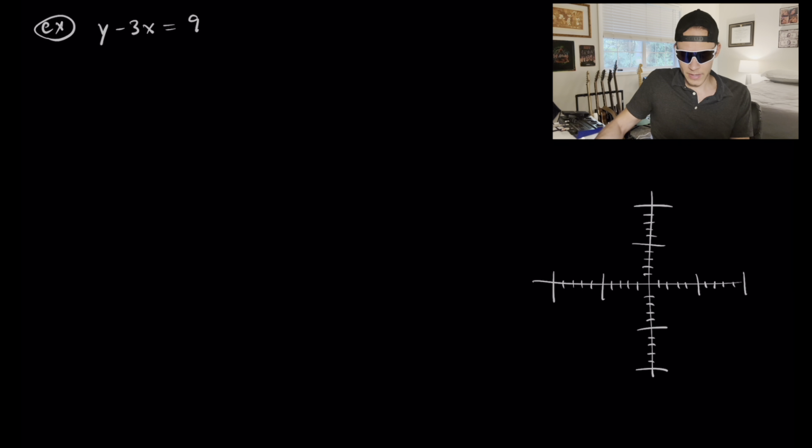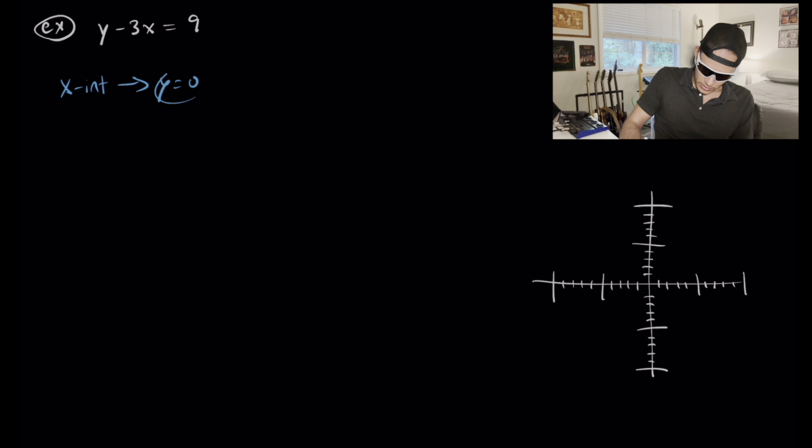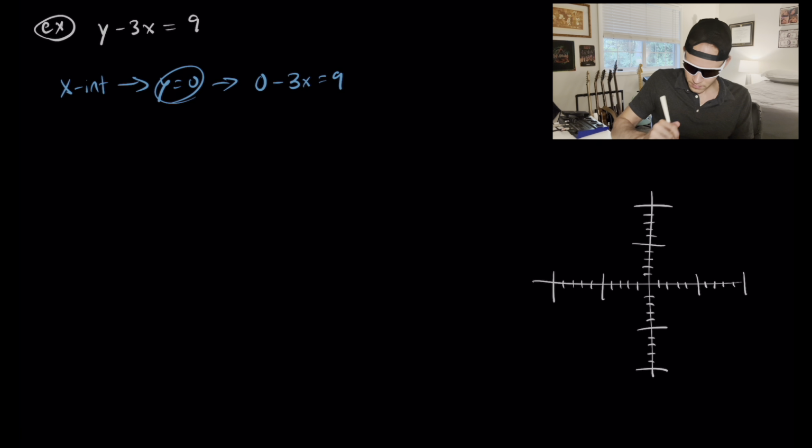First example, y minus 3x equals 9. So let's find the x-intercept first. Since we know that the y value of the x-intercept is going to be 0, we're just going to plug that into our equation and then solve for the other missing variable, which is x. So 0 minus 3x equals 9.